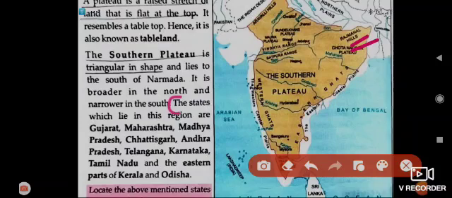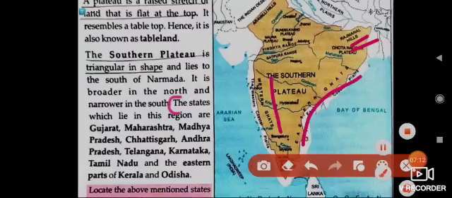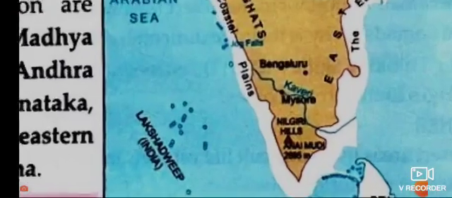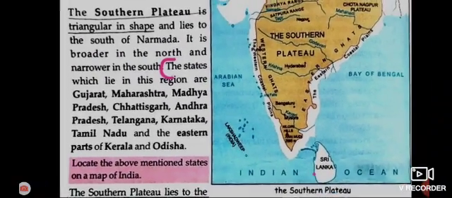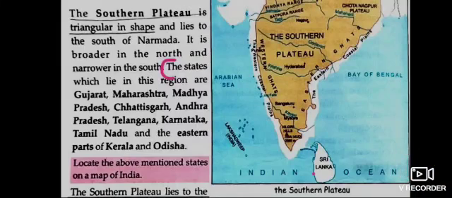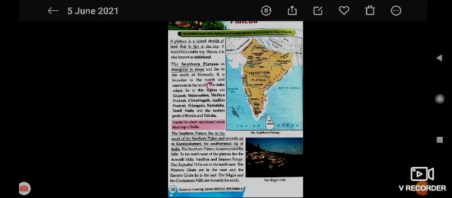The Rajmahal Hills are to the northeast. The Western Ghats are in the west and the Eastern Ghats are in the east. The Nilgiri and the Cardamom Hills lie towards the south. Let me show you. As you can see downward, these are the Nilgiri Hills and the Cardamom Hills which lie in the south. So students, this is all about the location and extension of the Southern Plateau.